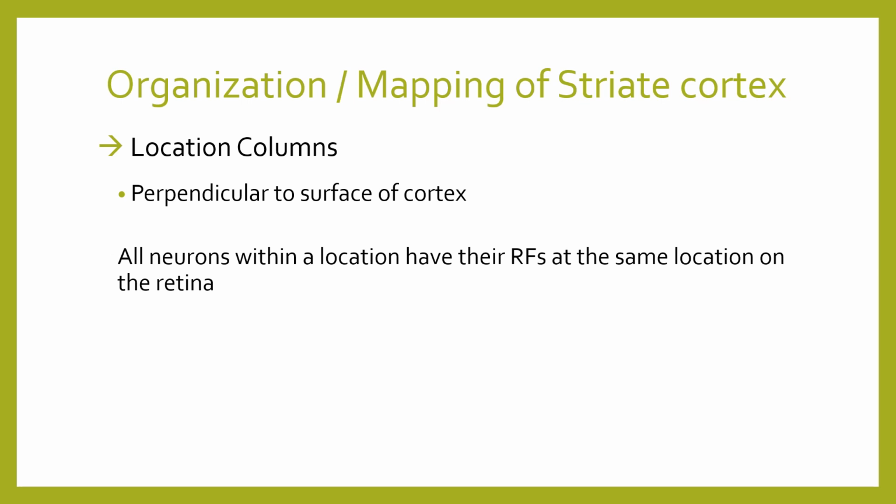But if we put an electrode in and go perpendicular to the surface, we're going to see that at that point, all of those neurons in those various layers within that location are going to have their receptive fields at that same location on the retina. So that we have location columns.